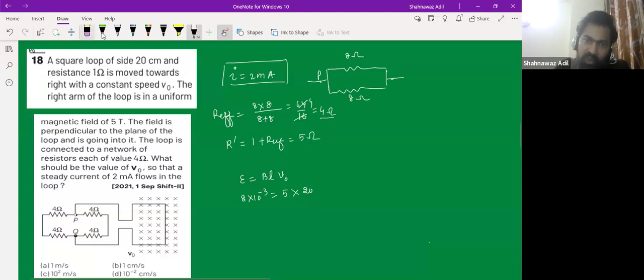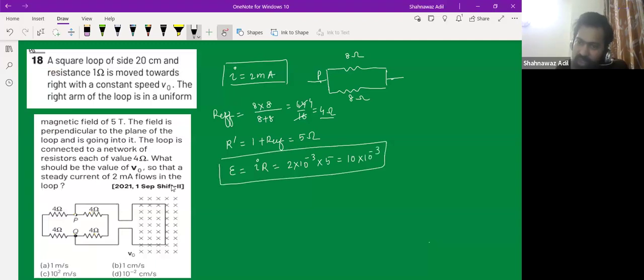So then what would be the EMF? EMF would be IR, and this is 2 milliampere and then 5 ohm resistance. So this is 10 into 10 to the power minus 3.